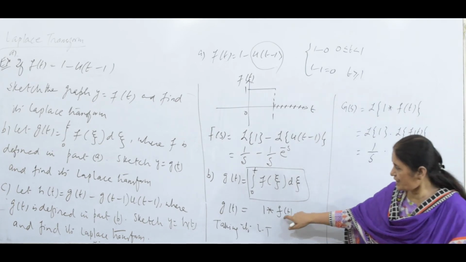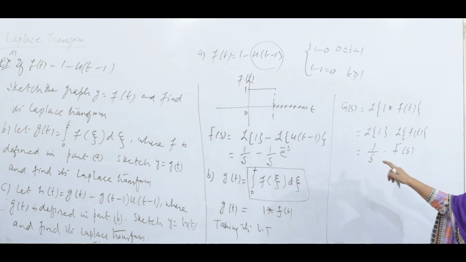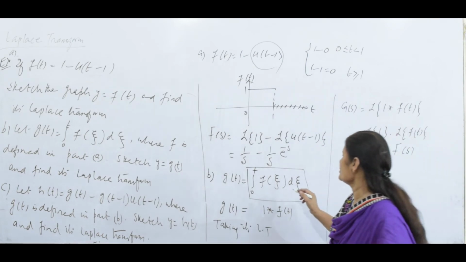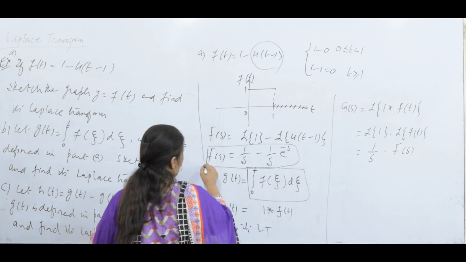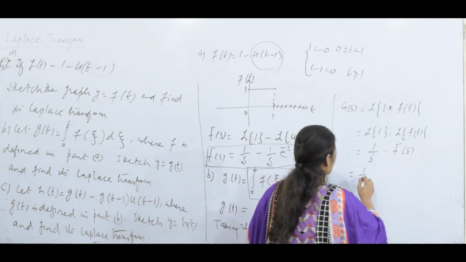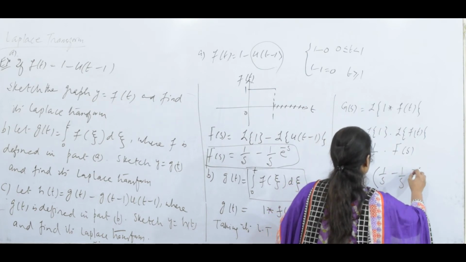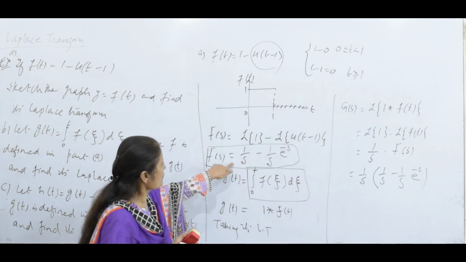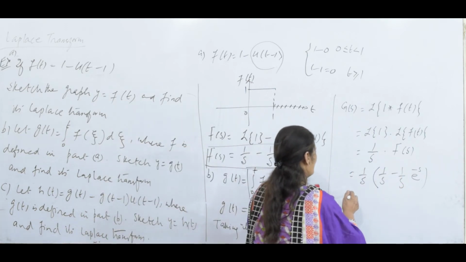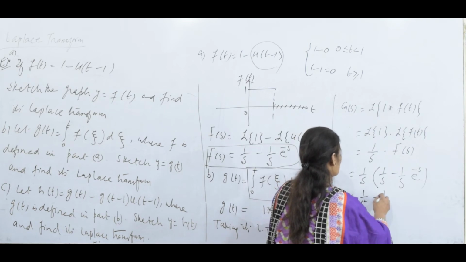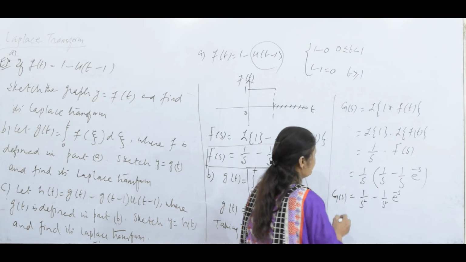But f of t is given in part A, where we have found f of s. Put in the value: 1 over s is there, times 1 over s minus 1 over s e to the minus s, because f of s we have in part A. So f of s is replaced by this. Let me multiply: 1 over s square minus 1 over s square e to the minus s is your g of s.